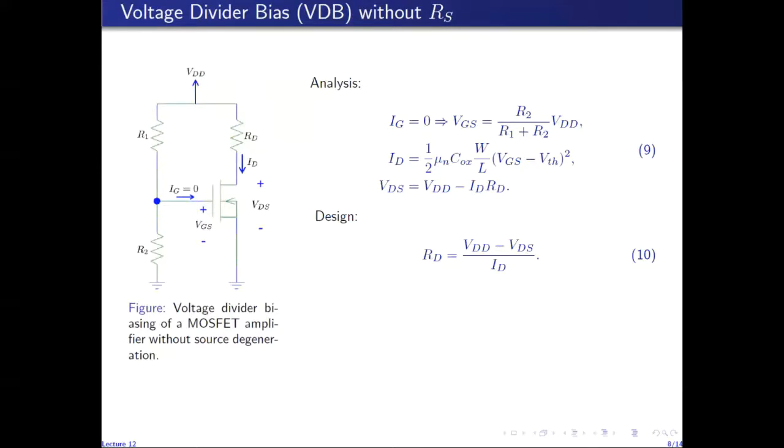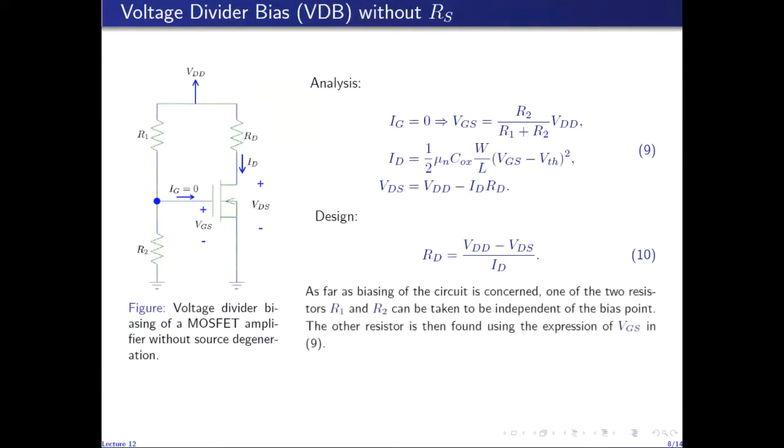So in this case as well, just like before, when we had arbitrary values for RG as far as the bias point is concerned, here again, as far as the bias point is concerned, R1 and R2, one of these two resistors is independent of the bias point. So we can choose a value for one of these two, for example, R1, and then R2 is found through this relation.